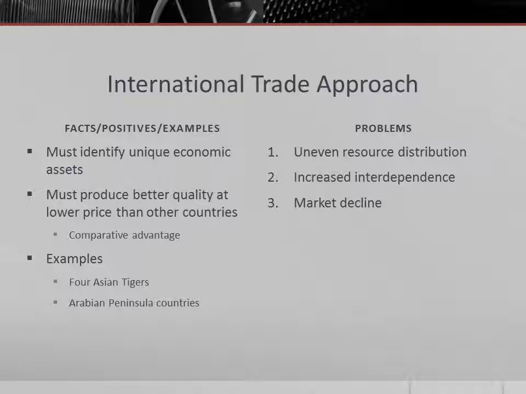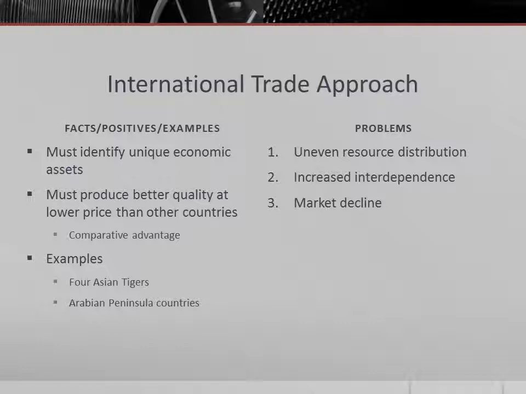Now, as with everything, it's not all sunshine and rainbows with this. There are negatives, there are problems with this. So let's identify those. Under the international trade approach, unlike self-sufficiency, there was going to be very even resource distribution. Even companies that were less efficient were still getting the same amount. In this case, you're saying, we know we're not going to do agriculture.